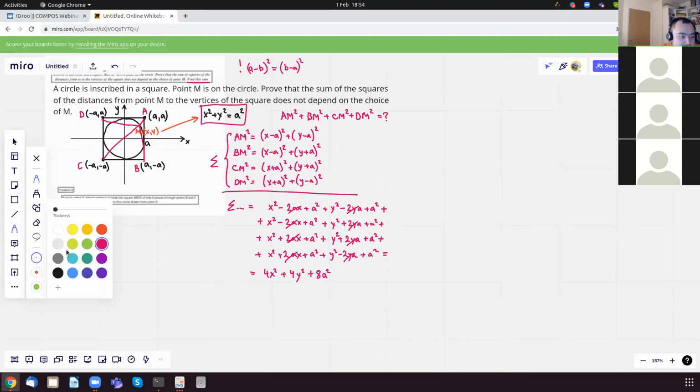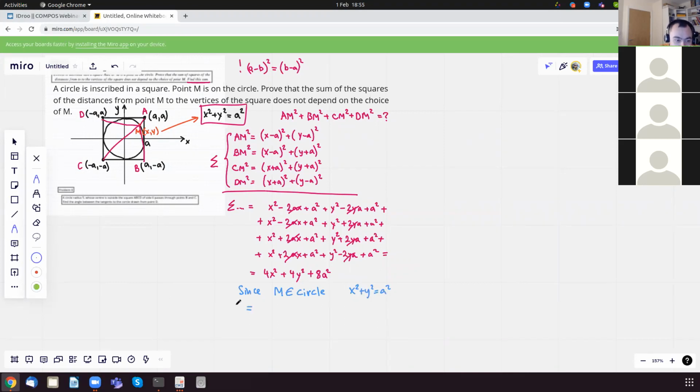So since M belongs to the circle, M is on the circle, that means x squared plus y squared is a squared.